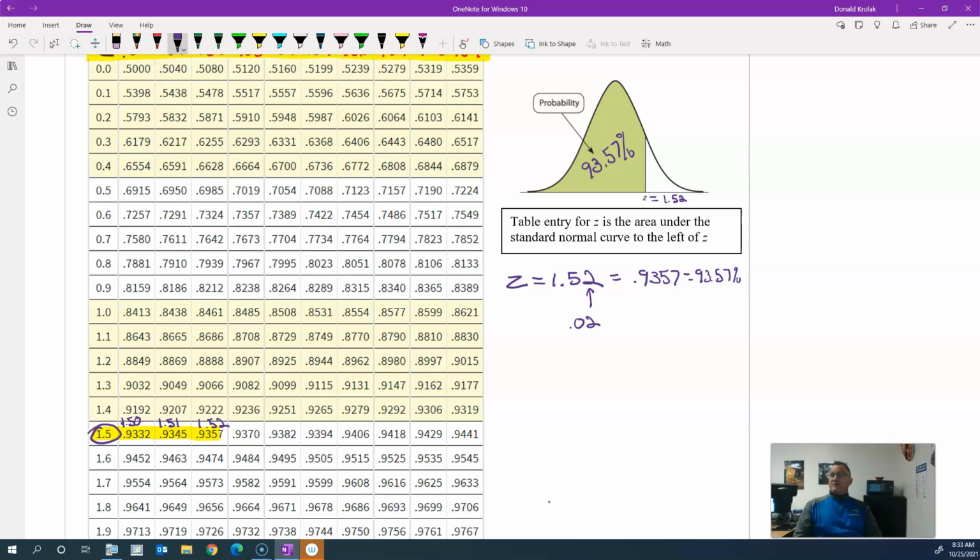Now, if you want the value to the right, if I wanted to get this instead, then what I do is subtract the area from 1.